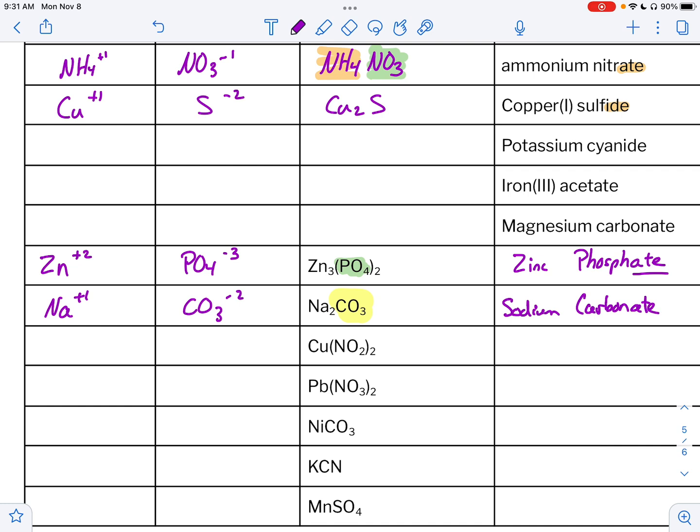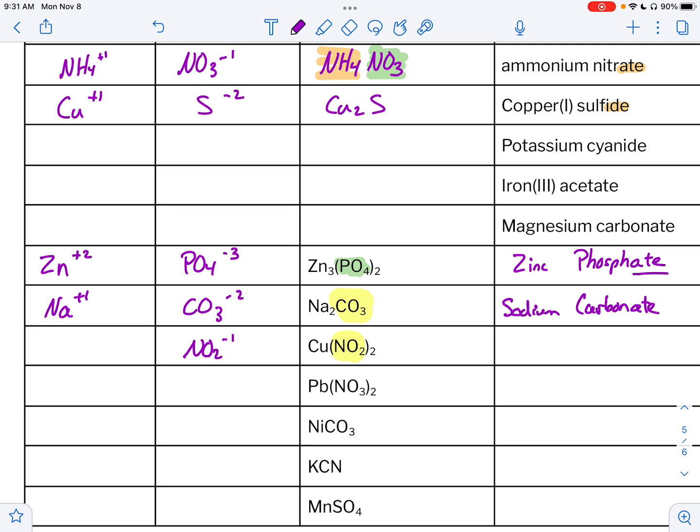If I have a multivalent metal, I need to include the Roman numerals in the name. So when I look at this next one, I have NO2, okay, and an NO2 is going to be a nitrite, and we're combining that with copper. Well, I need to go back and figure out what the charge of that copper is. So an NO2 always has a -1 charge.